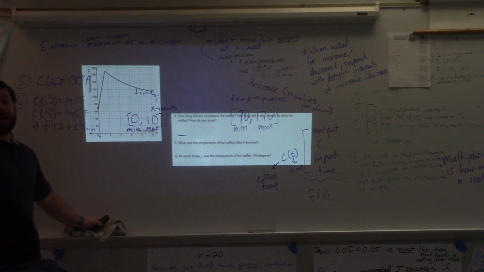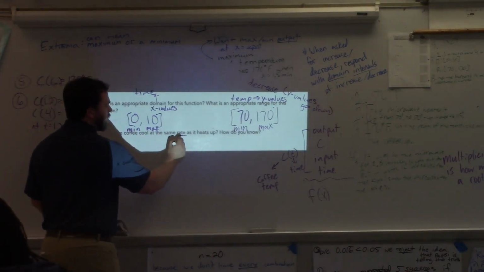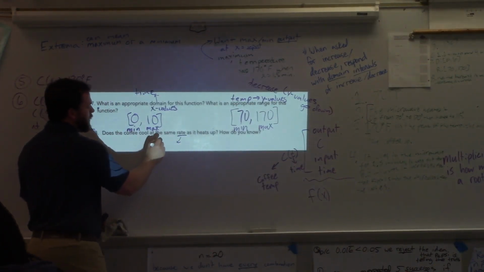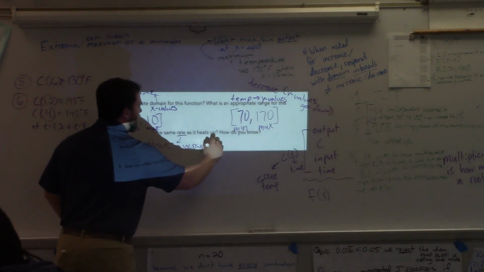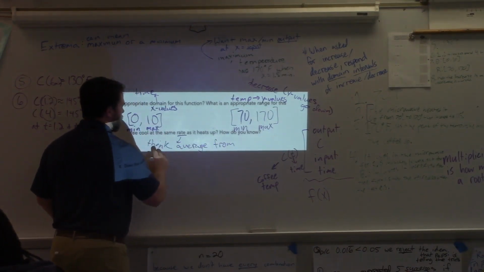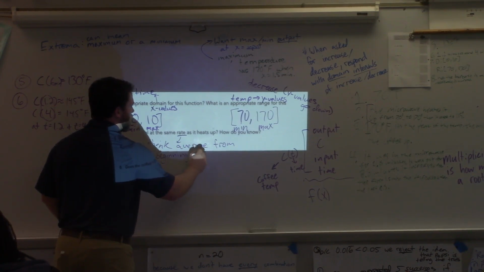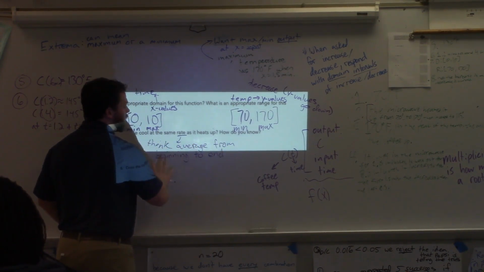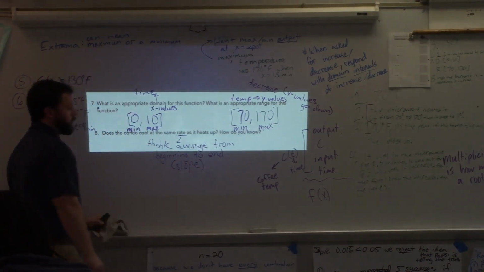change. The average rate of change is just slope, okay? So when we say, is it the same rate, think average from beginning to end. And when we say the average from beginning to end, we're just talking about the slope.